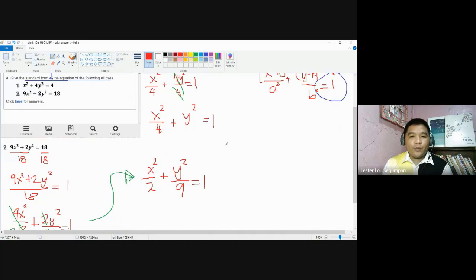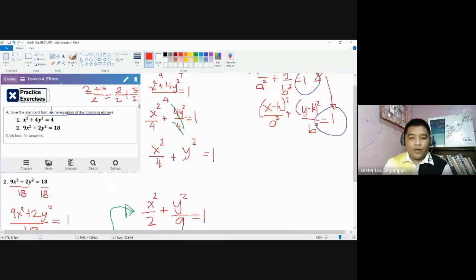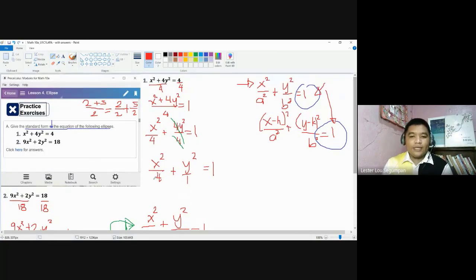The only difference between these two forms is that for number 1, again, we could write this as all over 1, just like this one. And we can notice that the value below x squared is larger than the value in the denominator of y squared. This means it follows that this is your a squared and this is your b squared.